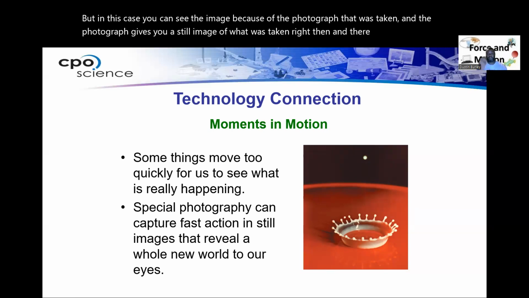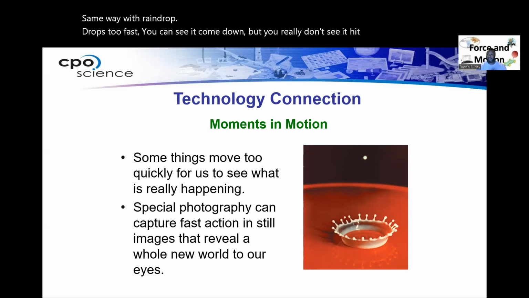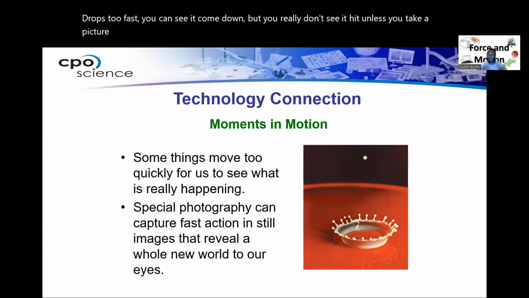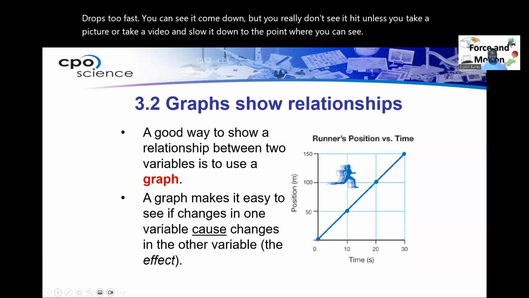Same way with a raindrop, it drops too fast. You can see it come down, but you really don't see it hit unless you take a picture or take a video and slow it down to the point where you can see.